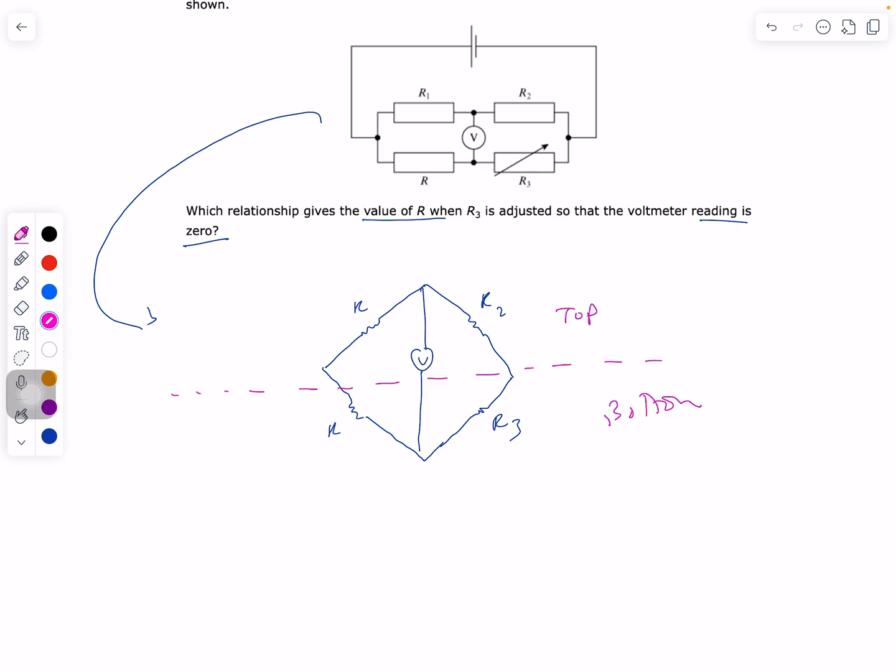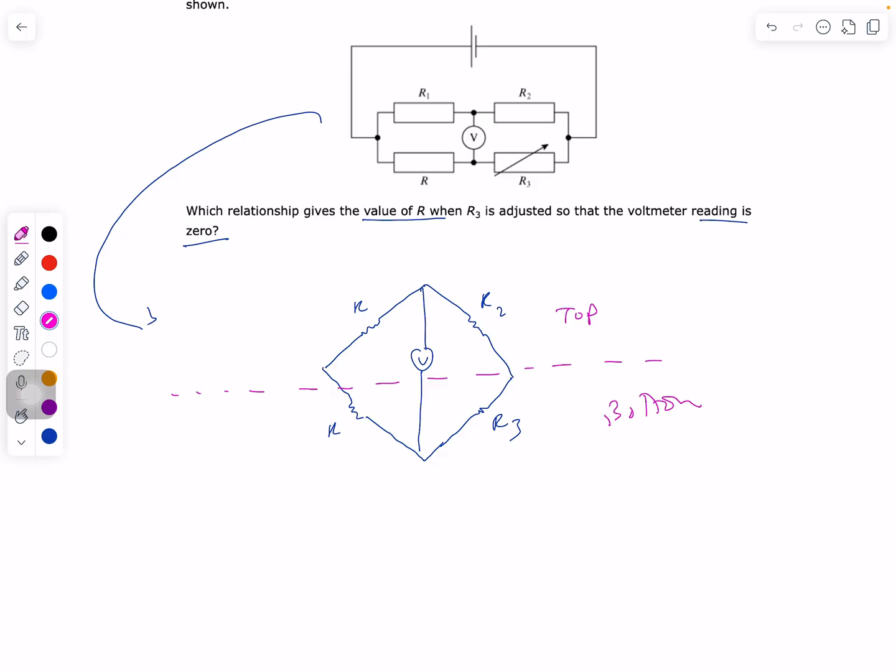So when the voltmeter reads 0, then that means that the potential that's at both of the junctions is the same. Okay, so that only happens when the voltage drop across R1 is equal to the voltage drop across R2, and the voltage drop across R is equal to the voltage drop across R3.